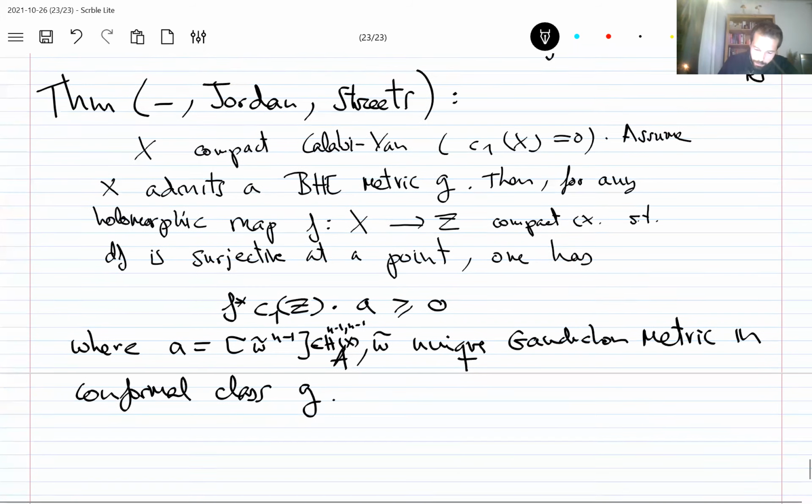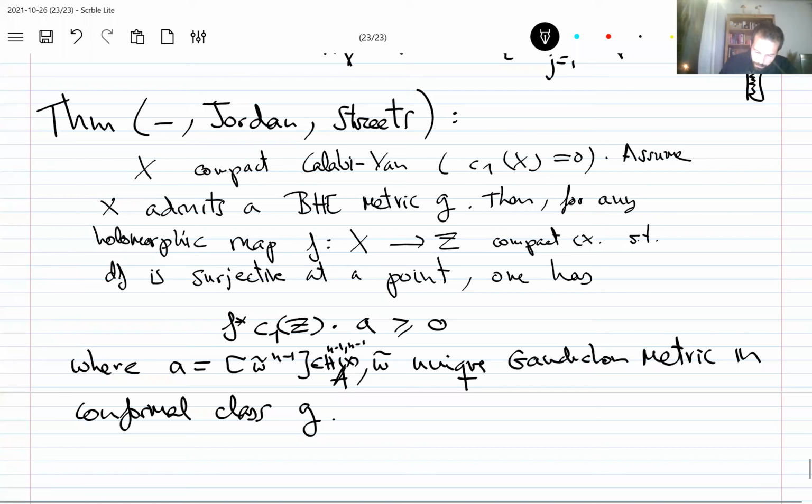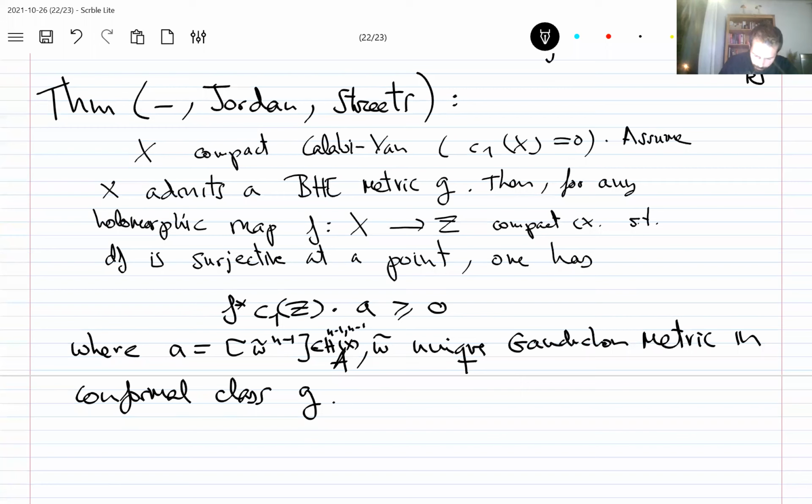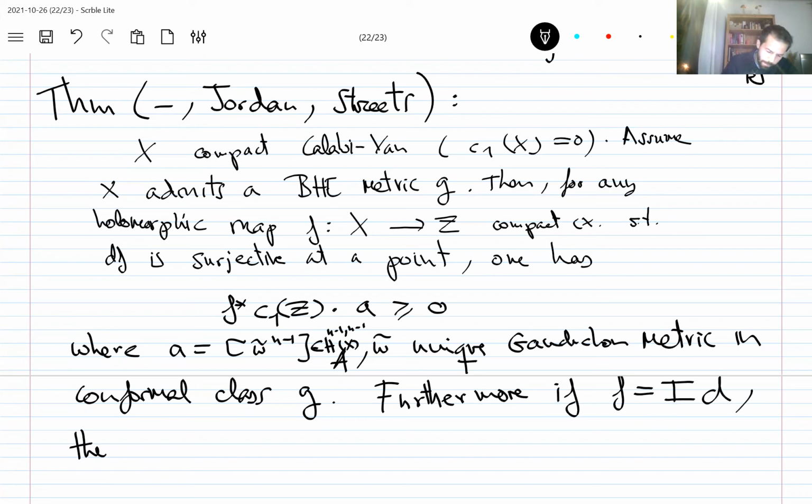And furthermore, and this is kind of cool because it recovers some classical result, furthermore, if we take f to be the identity, then equality implies that G is scalar-flat.